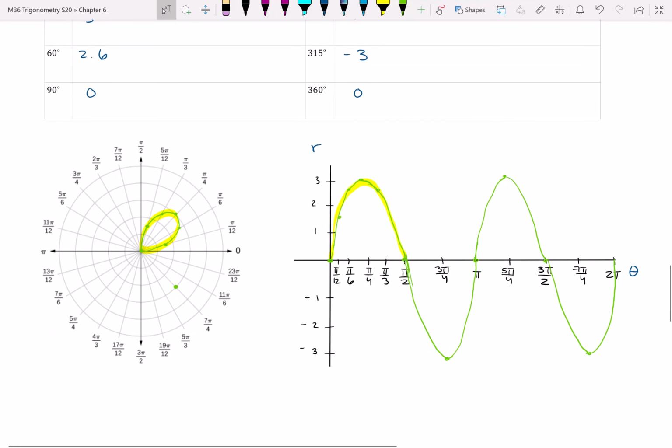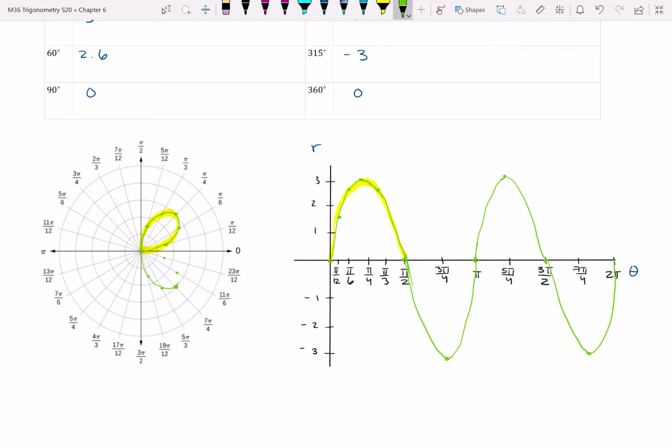We could use the values from the previous petal. For example, from the previous petal, we're going to have 2.6, then 1.5, and then 1.5. So again, we could use the first petal to estimate the rest of the petals here.